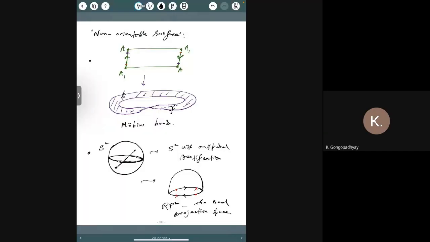So that means these surfaces are non-orientable surfaces, and you cannot actually preserve an orientation in a nice way with them. All right. So these are examples of non-orientable surfaces.